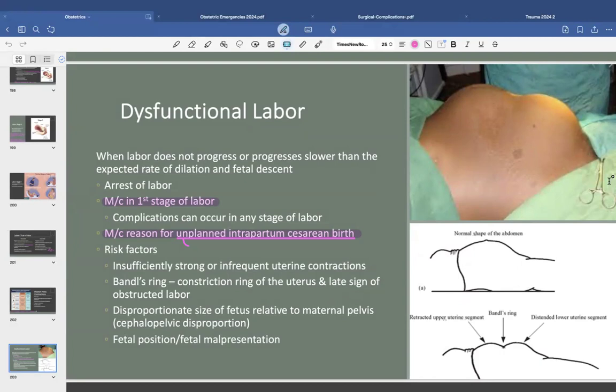The upper should be contracting, and the lower part is thinning out with labor. And sometimes what happens is this constriction ring forms during the labor, which separates the two segments of the uterus. It's thought to be caused by prolonged pressure of the fetal head against the cervix and a reduced blood supply, which causes those tissues there in the uterus to basically necrose.